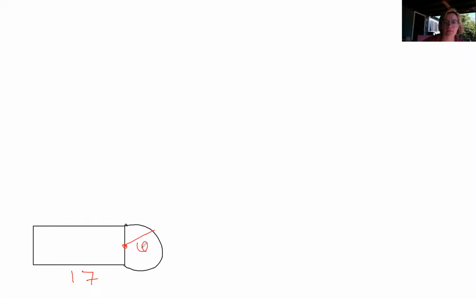So now, in order to find the area of the big shape, I have to find the area of the two smaller shapes. So if I do the area of my rectangle here, I'm sorry, friends, that did not turn out super neat, but that's okay. If I find the area of my rectangle, I need to first remember what our formula is.